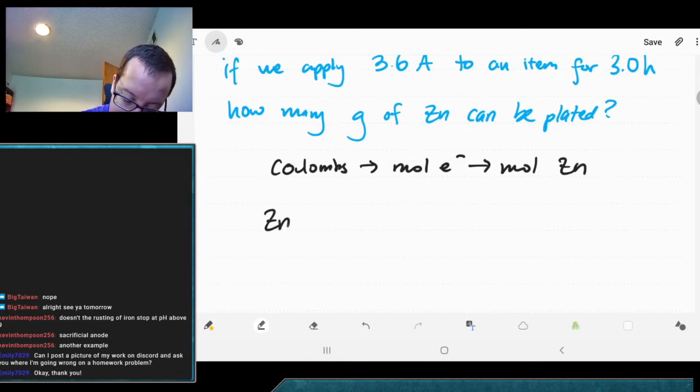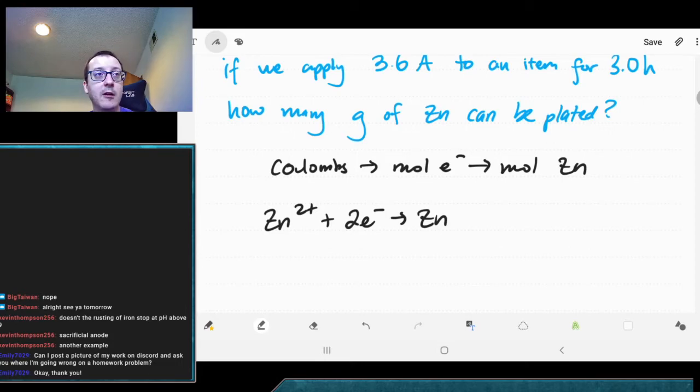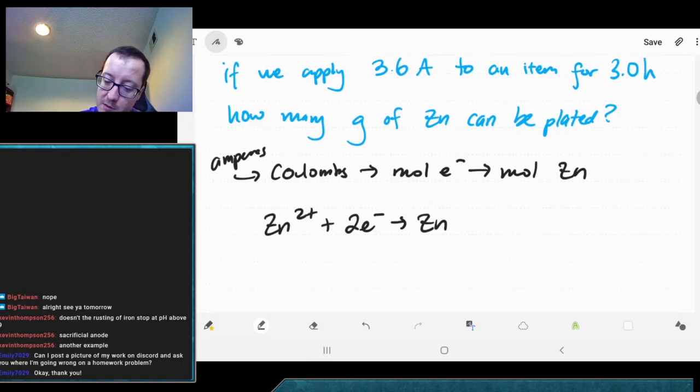So if we have our reduction happening, we can go from amperes to coulombs to moles of electrons to moles of zinc. And then I guess grams of zinc, since that's what I asked for. So it's just unit conversion as always.